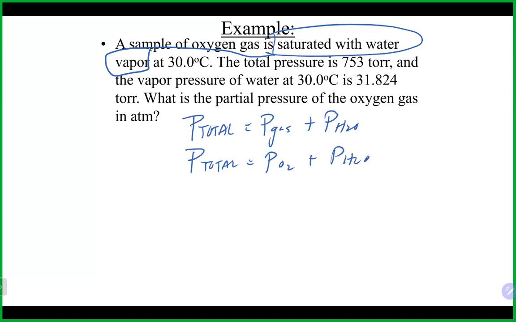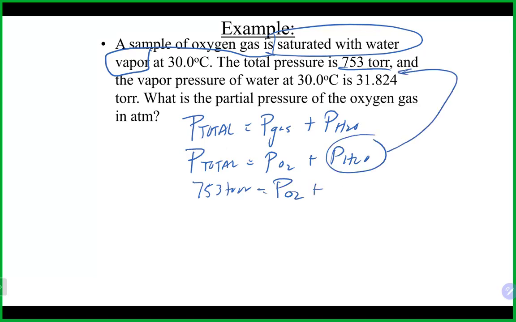So they gave us the total pressure, which would be like your barometer reading, 753 torr, equals the partial pressure of oxygen plus the vapor pressure of water. And again, if it was not given to you in the actual problem, that would be a value you would have to go to the vapor pressure table and look up for 30 degrees. And we see there for 30 degrees, it is 31.824 torr.